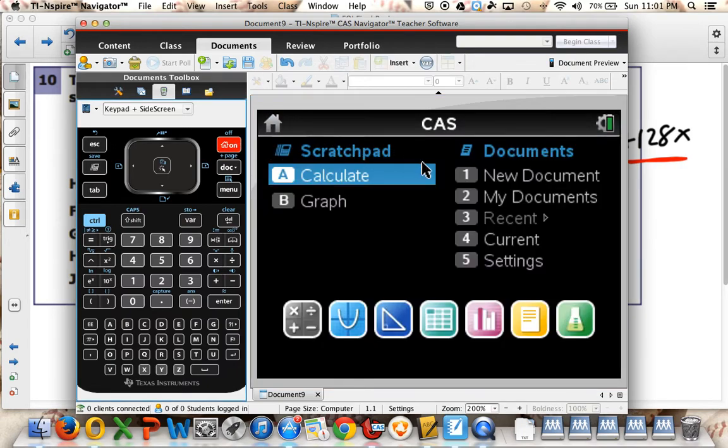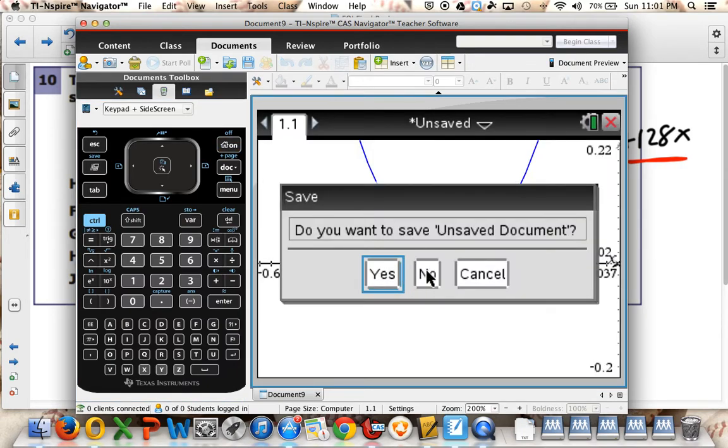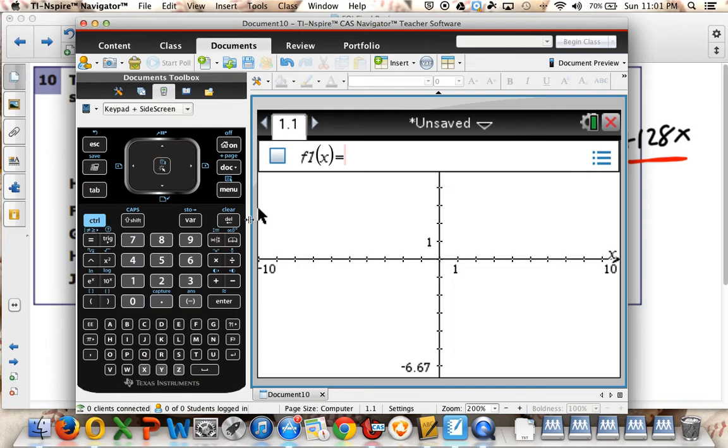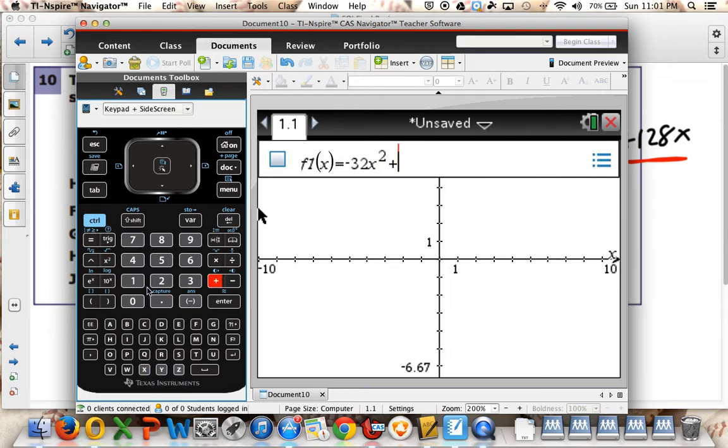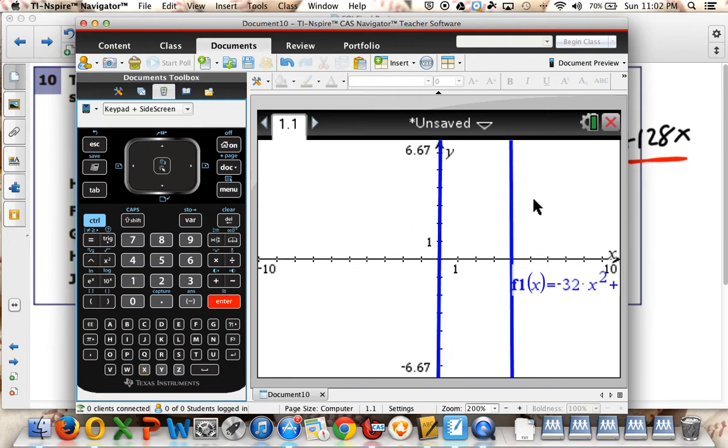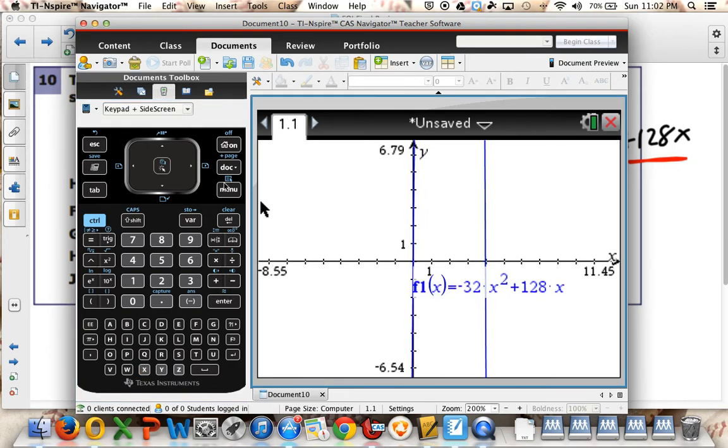On new document, save no, add graphs, and I have -32x squared plus 128x. Enter. And that's my function right there.